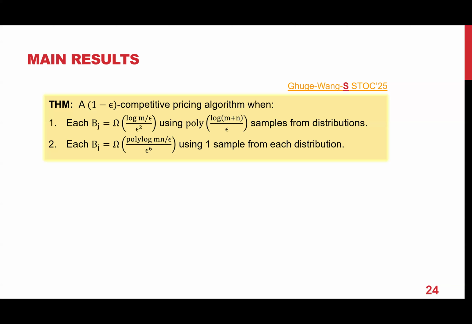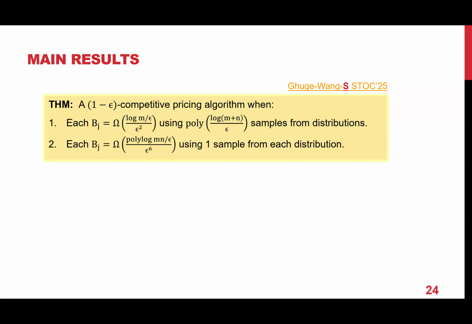But then currently we get polylog over epsilon to the 6, so we are not able to get 1 over epsilon squared. But at least the dependency on m, the number of resources, is still logarithmic. It's not ideal, but you don't need to know more about the distributions. Just a single sample from each distribution suffices to get a 1 minus epsilon approximation.